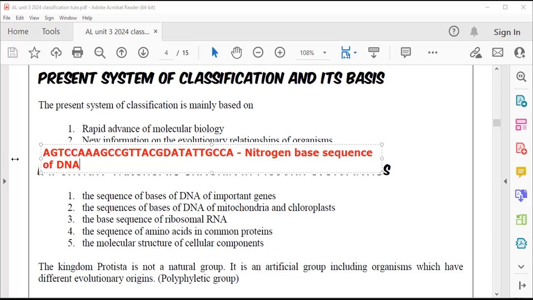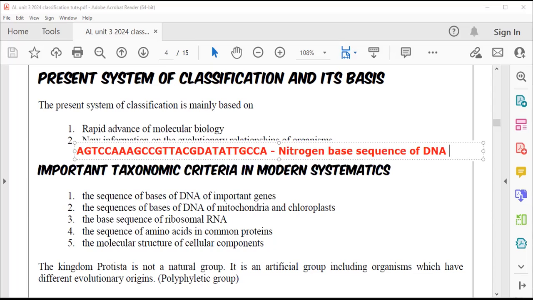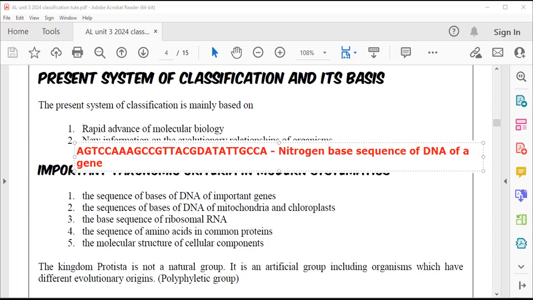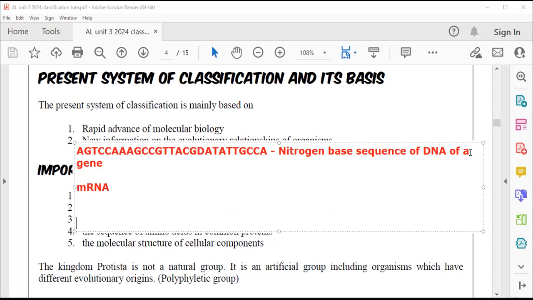Just I have drawn an example of a DNA. According to this nitrogen base sequence of a gene, an mRNA will be formed. In the mRNA, its complementary order will be there. For an example, what is the complementary nitrogen base of adenine?